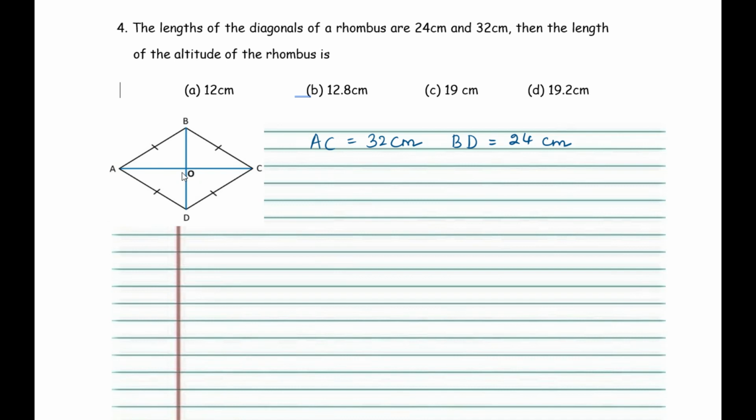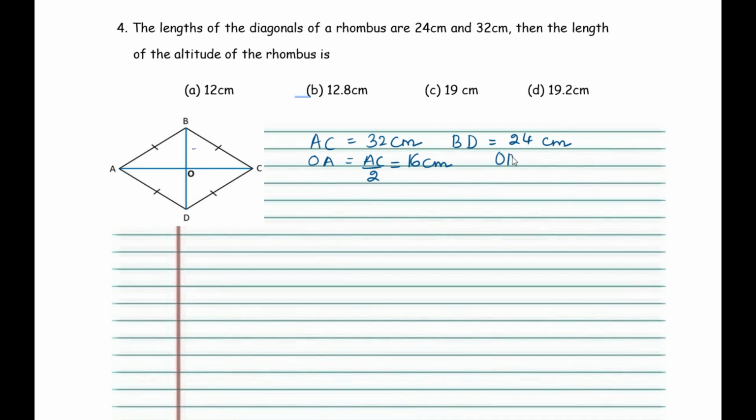Now I'll find out OA. OA is nothing but AC divided by 2. We get AC divided by 2, that is 32 divided by 2 is 16 centimeter. Now in the same way I'll find out OB.